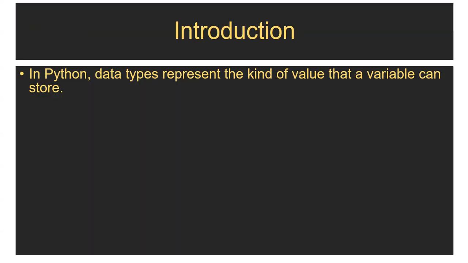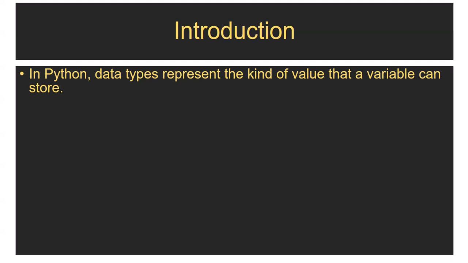For the introduction, we can say that in Python, data types represent the kind of value that a variable can store. What does that mean? Not all data values that a variable can store are of the same kind. So it is the data type that determines the kind of data values a variable can store.